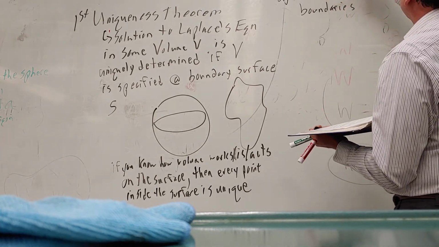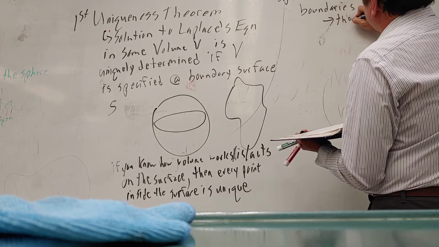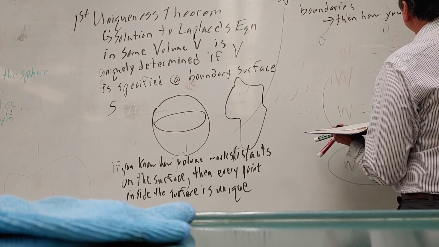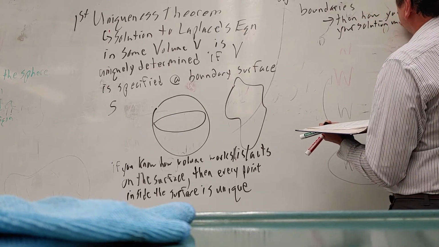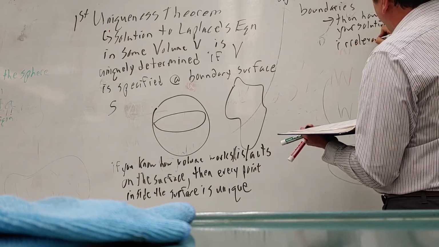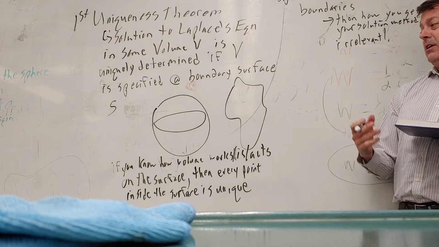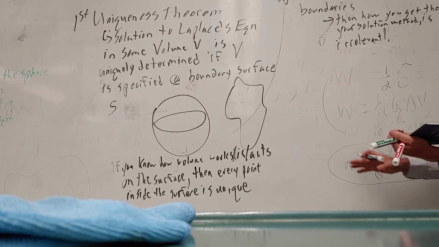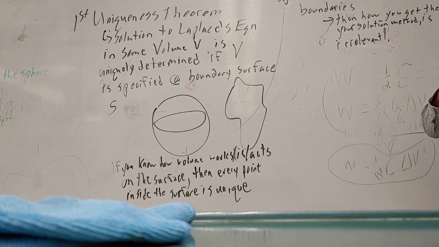If your technique satisfies Laplace and you know the correct value, then how you get there, your solution method, is irrelevant. So you can come up with all different ways of solving it. However, it doesn't matter. As long as you know it at the boundary and it satisfies Laplace, it's unique.